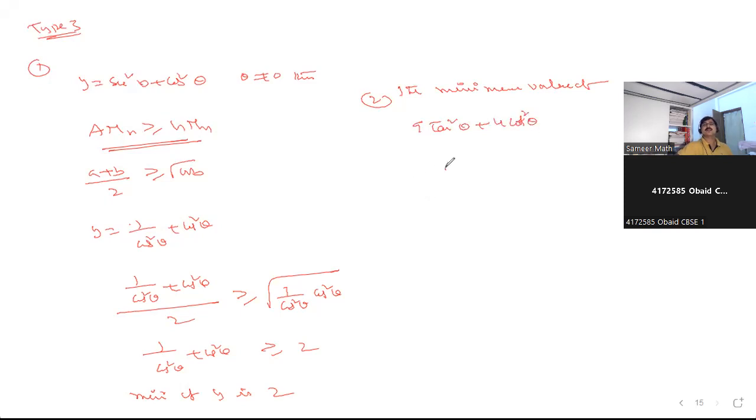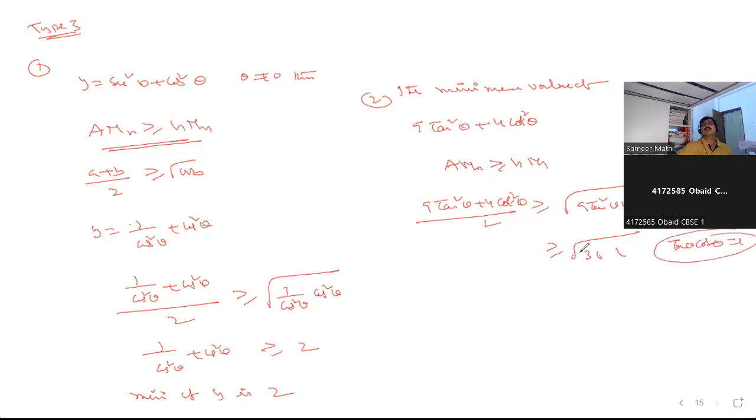Same as before, arithmetic mean is greater than or equal to geometric mean. 9 tan square theta plus 4 cot square theta divided by 2 is greater than or equal to the square root of the product. 9 4s are 36, and tan square theta times cot square theta is 1, because tan theta into cot theta is always 1.